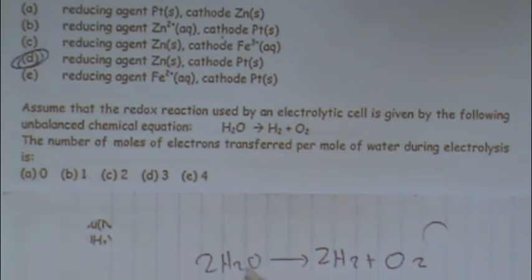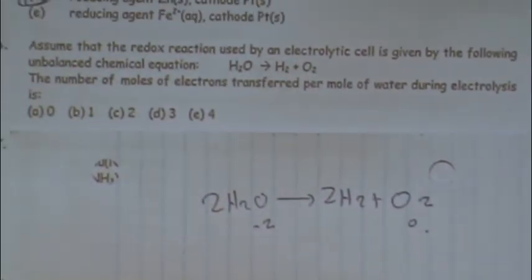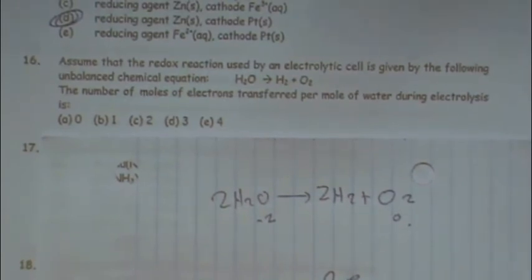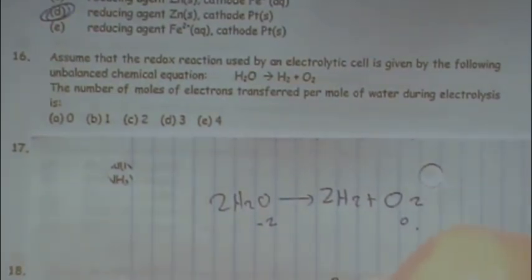So you can see oxygen goes from -2 to 0. That's how many oxidation numbers going up? 2. If you write the half reactions, that corresponds to how many electrons? 2 electrons per how many oxygen atoms? I said from -2 goes to 0. How many oxygen atoms do I talk about?